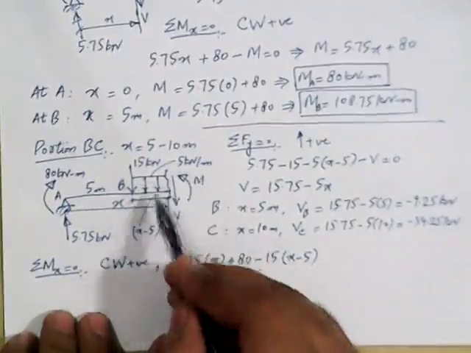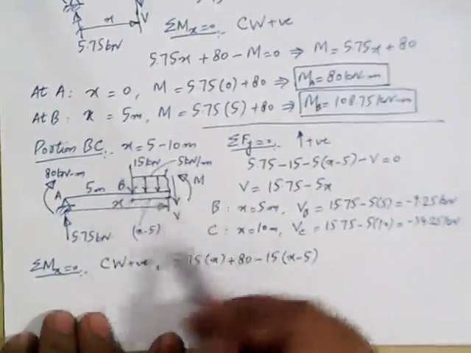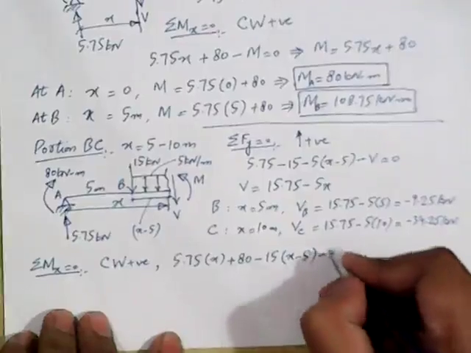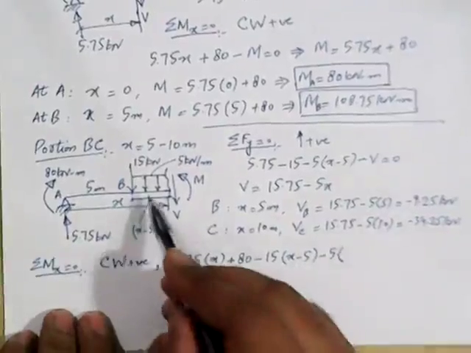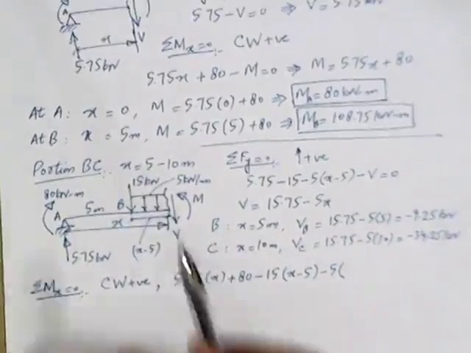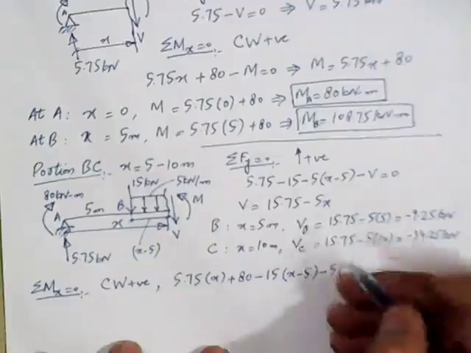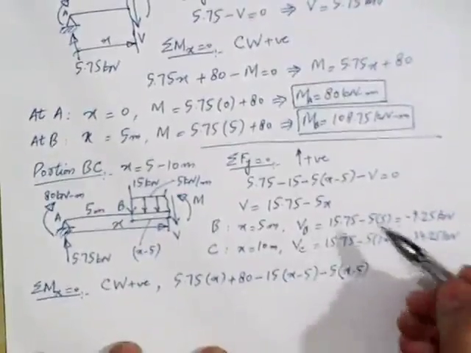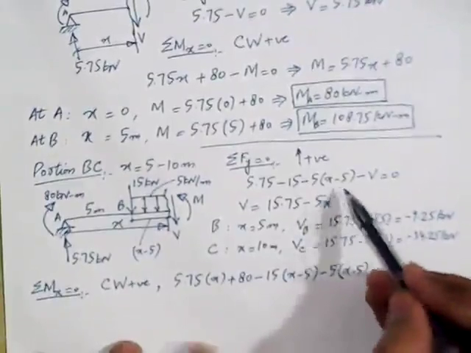It is 5 kilonewton per meter, and it will produce moment in counterclockwise direction, so it should be taken as negative. Minus 5 into, now how much is the distance of the portion of the UDL present on the left side of the section? It is x minus 5. We have done this while calculating the shear, minus x minus 5.